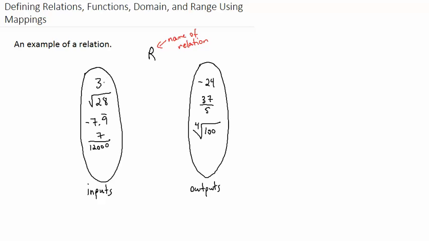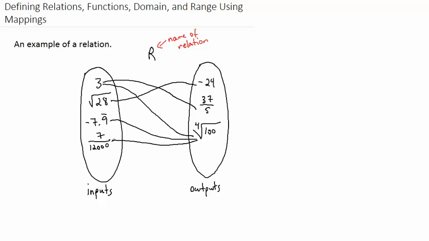So let's say 3 is related to 37 fifths, and 3 is related to the fourth root of 100. And let's say the square root of 28 is related to negative 24. And negative 7.9 repeating is related to the fourth root of 100. And let's say 7/12 thousandths is related to the fourth root of 100, 37 fifths, and negative 24.